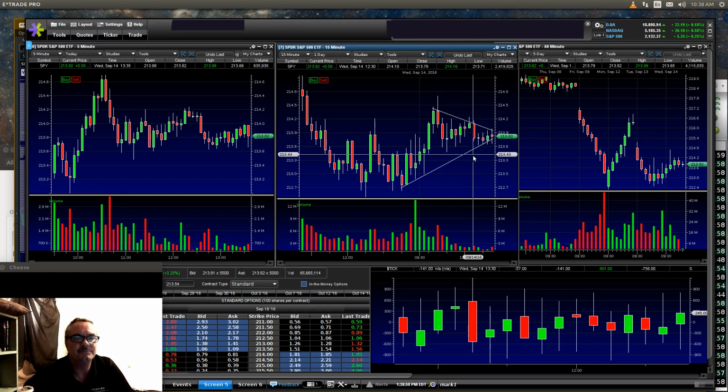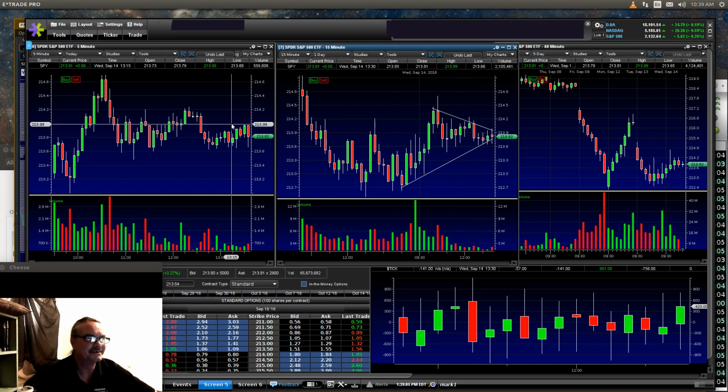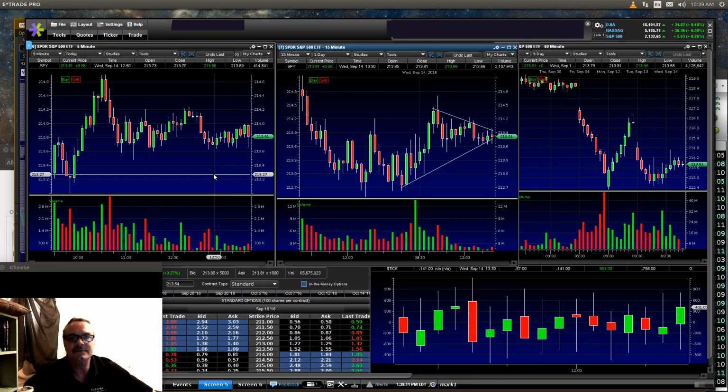Spinning tops, yeah, the market doesn't have a direction in mind right now. Here's an expansion with down thrusting, and that candle will close in a minute.